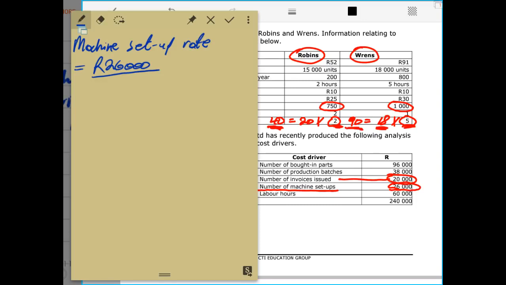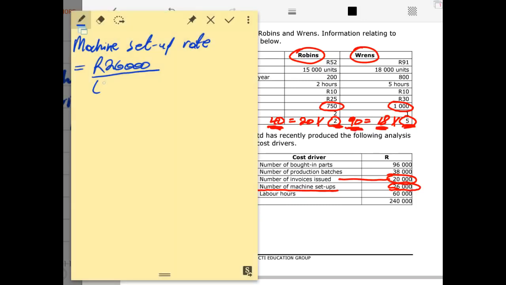Then that gave us the total of 90. Therefore now we say 40 plus 90 will give us 120. Then we say 26,000 divided by 100, or that will be 130, not 120.